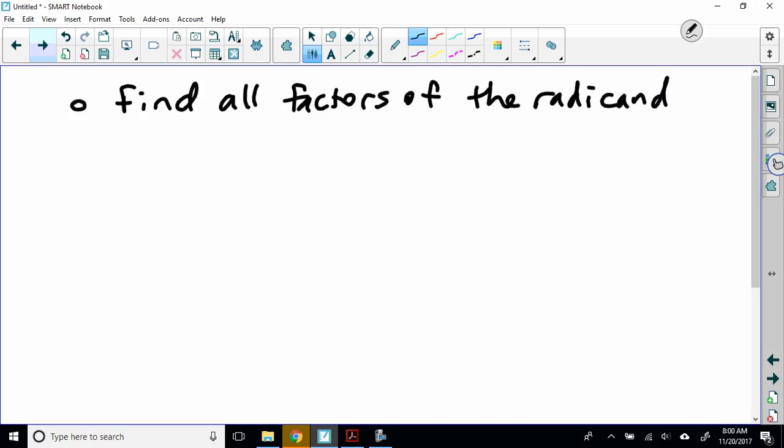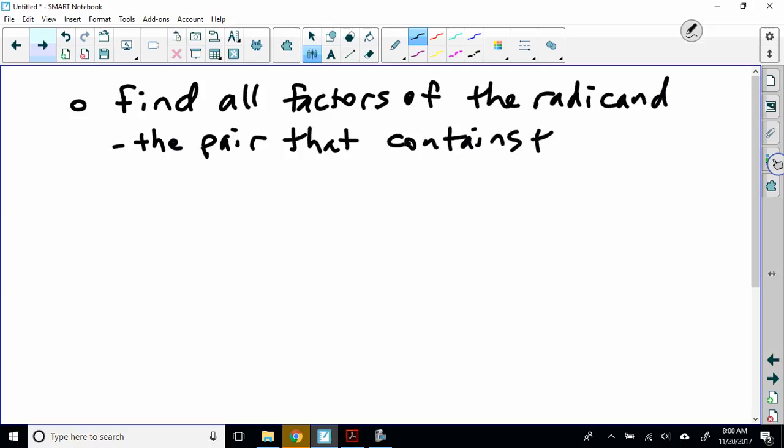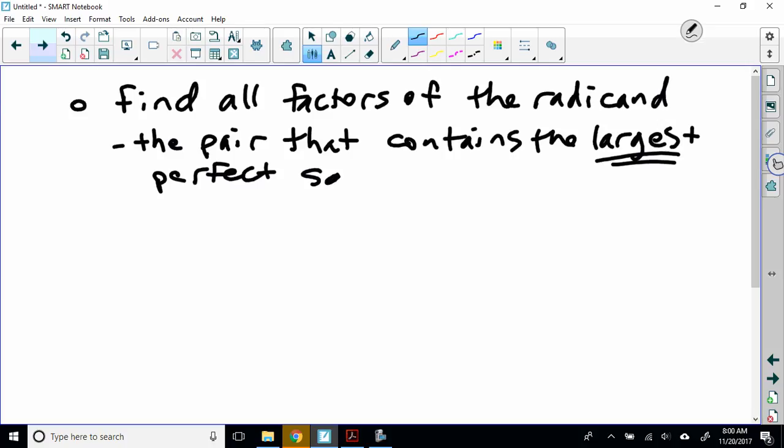But what you do want to find is the pair that contains the largest perfect square. So maybe I shouldn't even say to find all of them, because really you don't have to. Sometimes you can stop halfway through.